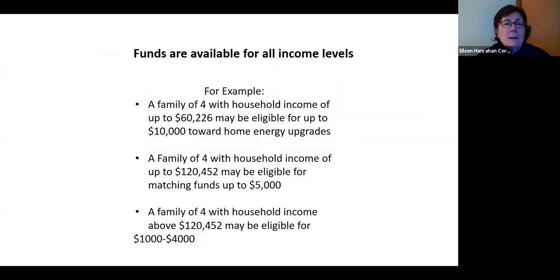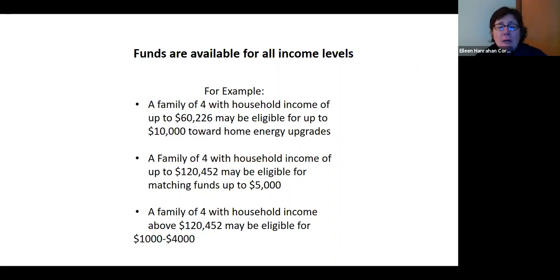And there are multiple funding opportunities available for residents depending on income level. For folks earning 60% or less of median income, you can get up to $10,000 towards home energy upgrades. For families of more moderate income, which is about up to 120% of median income, families are eligible for matching grants, 50% up to $5,000 towards home energy upgrades.